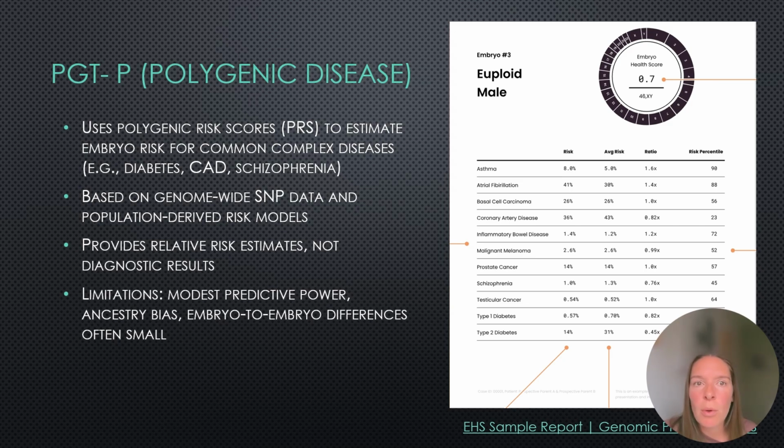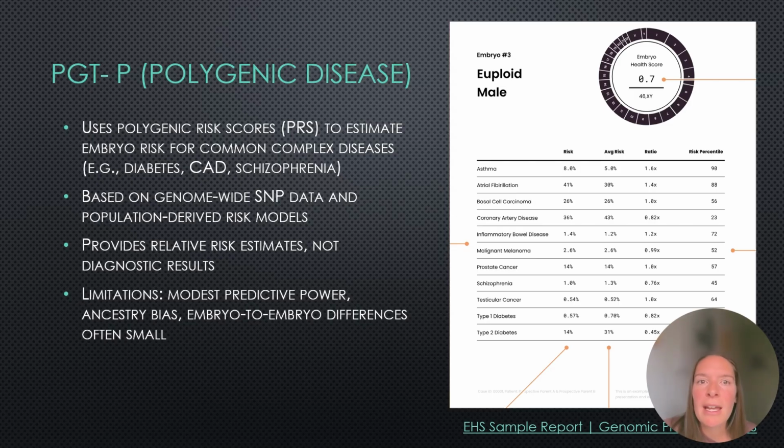So these scores, these PRSs, are built from genome-wide SNP data and large population studies, but it's important to know that the scores are really dependent on the quality of these data sets. It's also important to know that for any multifactorial disease and for PRSs, all that can be provided is a relative risk, not a concrete diagnosis.